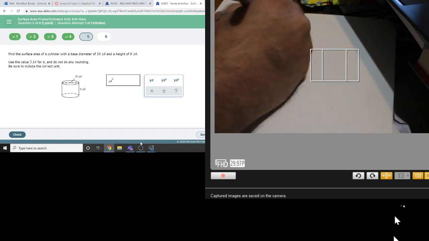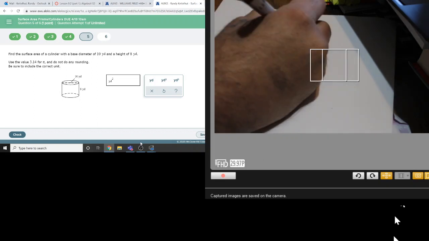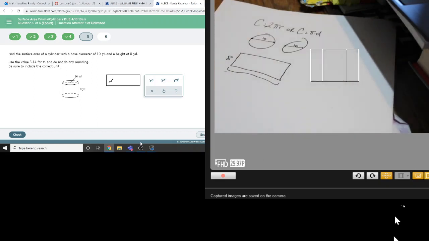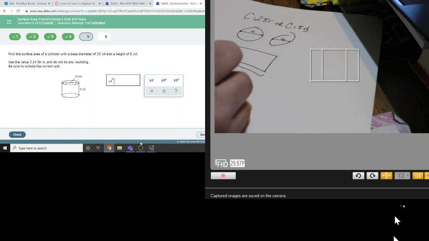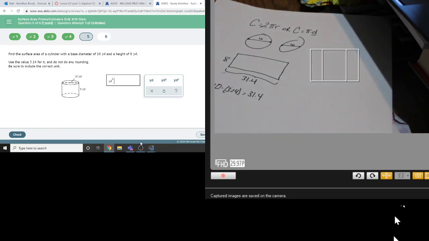If you all don't remember, circumference is 2 times pi times r, or the easier one for us here will be pi times d. So do pi times d, which in this case d is 10. So 10 times 3.14 is 31.4. So the length is 31.4.